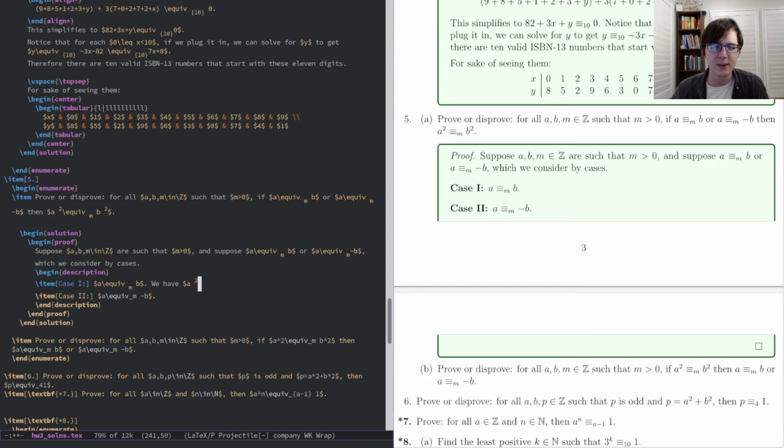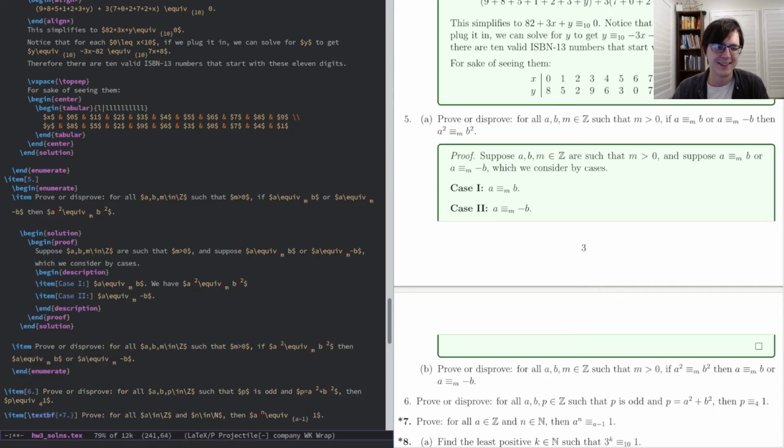So we have a squared is congruent mod m to, well, let's see. I'm not going to change it to this, but the idea is a squared is a times a, and we can then replace each a with b and then put it back together.